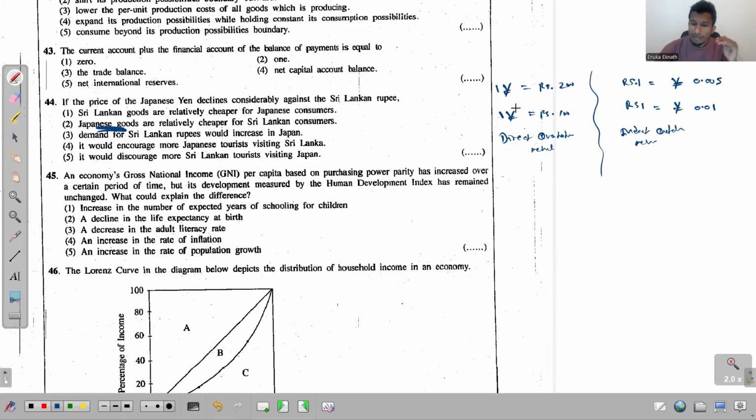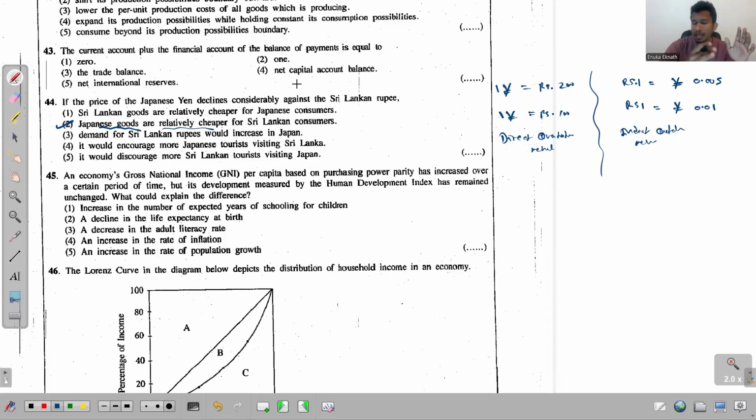Previously, before this rupee appreciation, we had to pay rupees 200 just to import this good worth 1 yen in Japan. But after rupee appreciation, we just need to pay only 100 rupees. So what has happened is that this statement is true, that the Japanese goods are relatively cheaper for Sri Lankan consumers. That's true. Then this is the answer for this question.